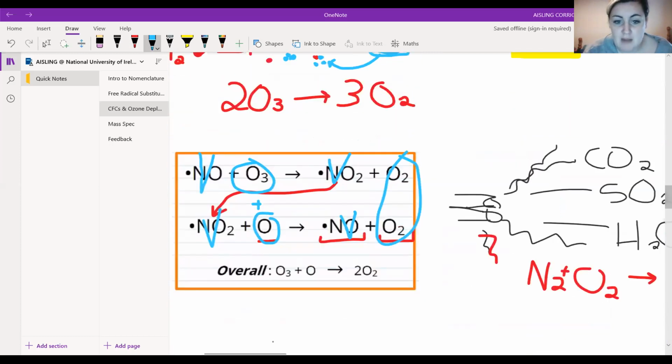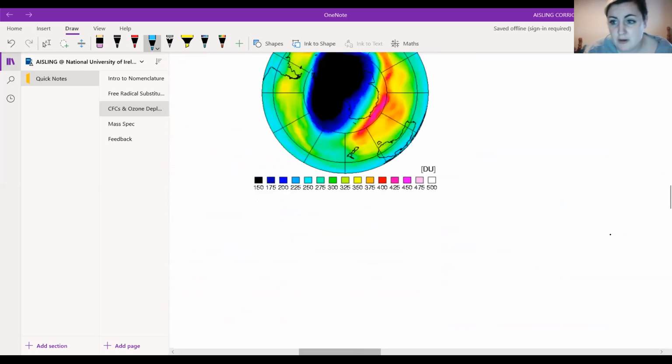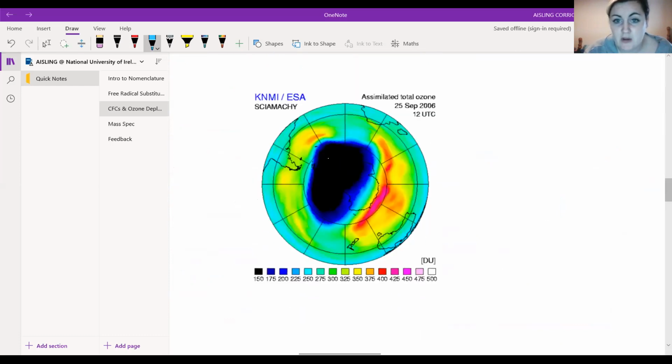So yeah, and what's actually absolutely brilliant, this is really topical right now, because on the 24th of April, this big hole here has closed up. Amazing. I remember this being a huge problem when I was really, really young. So that's closed up now. And there is an argument. Some people are saying, oh, it's because of the lockdown and these restrictions. Well, funnily enough, it was improving a lot.